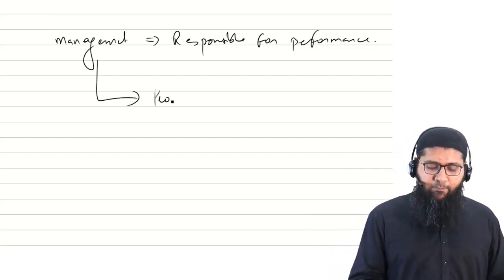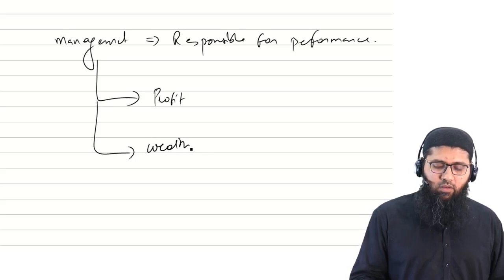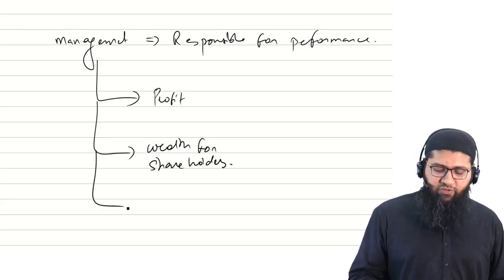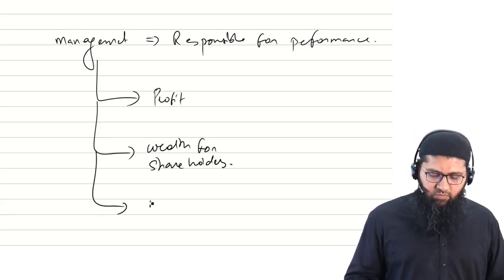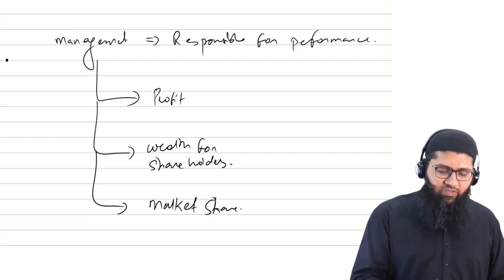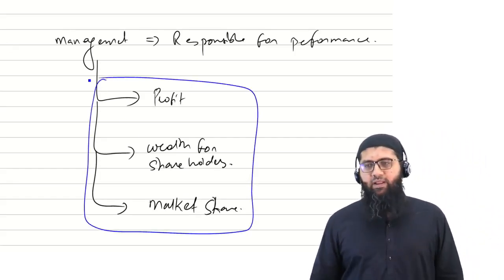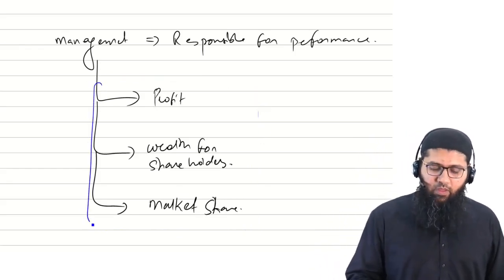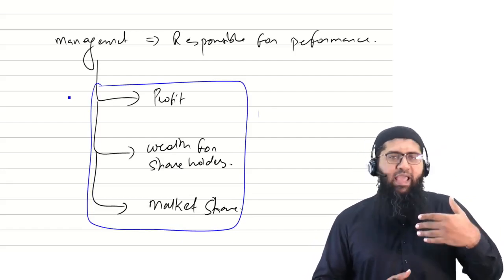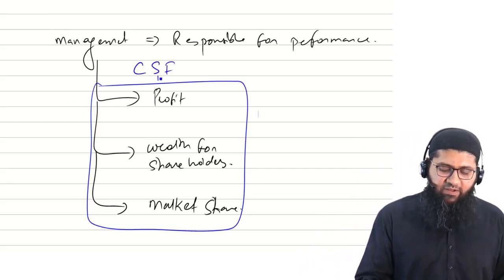Now, so probably what happens is that my management would try to make sure that they are able to have high profit. They're able to create wealth for shareholders. They're able to have a sizable market share. So just giving you an idea, what is actually going to happen is that we have actually set these critical success factors to the management.